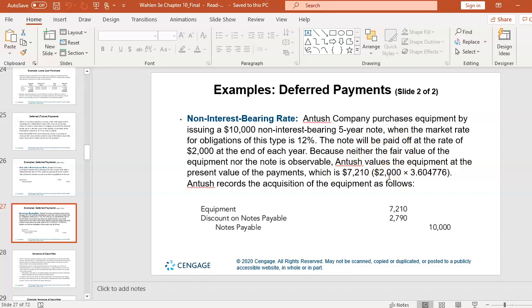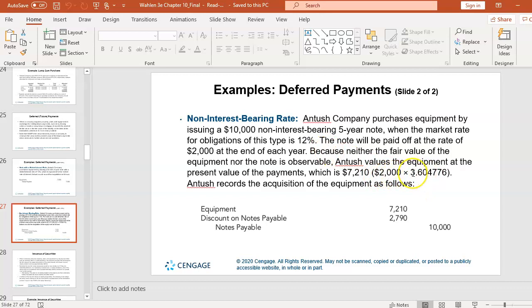However, there's always interest. So we're just keeping that in mind. We have to go through the process of computing the present value of the payments. And when you get a question like this in Cengage, it should hopefully pop up a little box that shows you what the factors are, so you can apply the present value factors. So basically what we're saying is the present value of an annuity for 5 years at 12% is this factor right here.